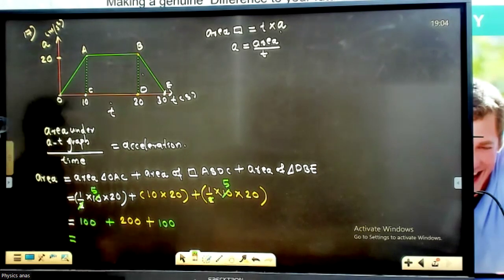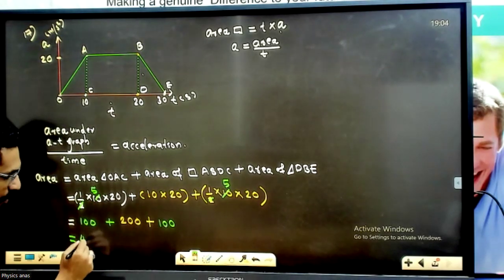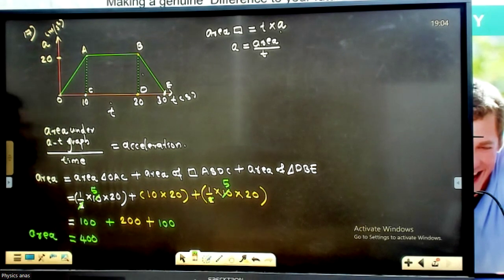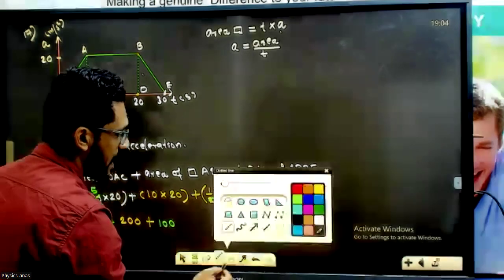So 100 plus 200 is 300, 300 plus 100 is 400. Area is 400. We have the area now.